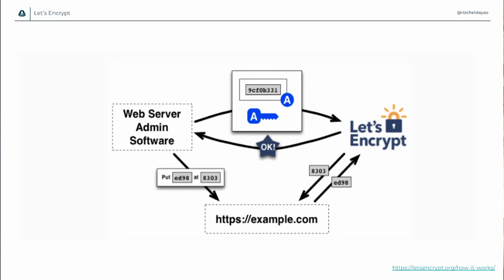It's a little bit confusing when you first look at it. But here you can see, and this is after the first diagram I showed you, Let's Encrypt checks that file at the path name, and then it says, okay, that's good. At the same time, the web server has signed that nonce with the private key, and now it has the authorized private key.